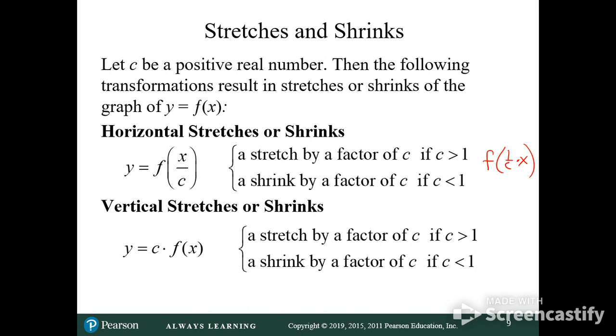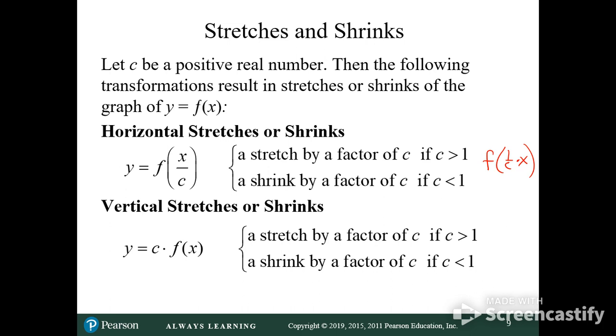So if c is a positive number, if it's a fraction, let's say c is 4. So if we have 1/4 times x, 1/4 is actually going to stretch it out, the opposite of what you'd think. Because you think in your mind, well, 1/4 is going to make it smaller. Well, no, it happens inside the parentheses, so you've got to think the opposite. It's going to stretch it. Okay?